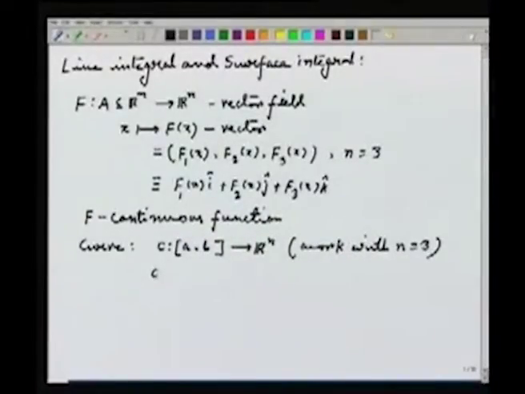If I choose n equals 2, I will call it a plane curve. Now that means the curve is usually denoted by C(t) equals (x(t), y(t), z(t)).